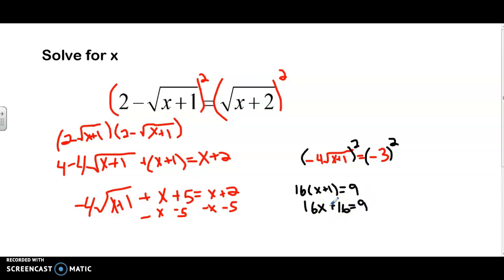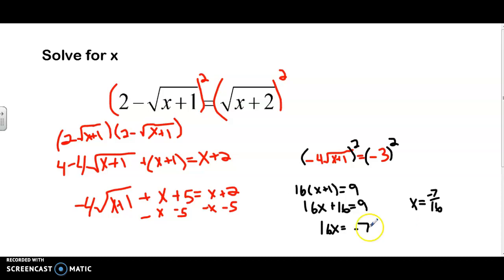And then if I subtract 16, I would get negative 7. And then at this point, I divide both sides by 16, and I get x equals negative 7/16. All right, so that is our answer here: x equals negative 7 over 16.